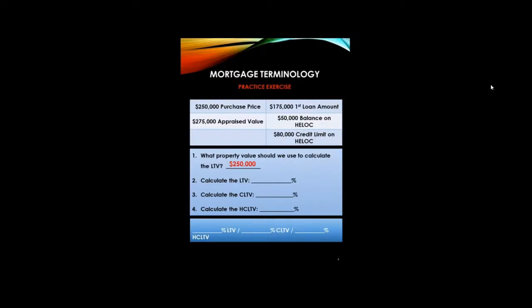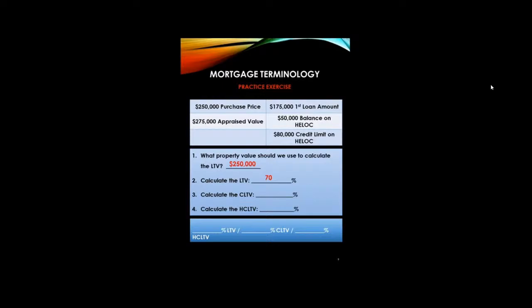Let's calculate the LTV. You should have an answer of 70%. How do we come up with that? You take the $250,000 purchase price, which is the lower of the two, take the $175,000 loan amount, and divide it by the $250,000, and that equals 70%.